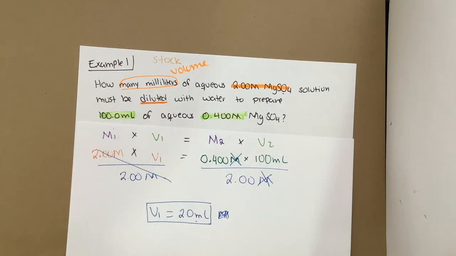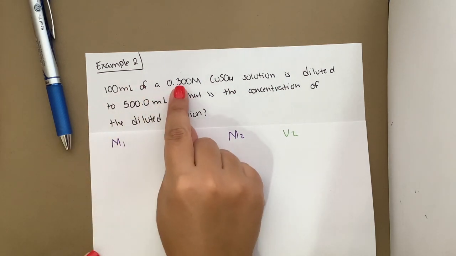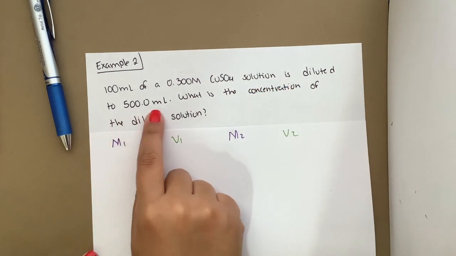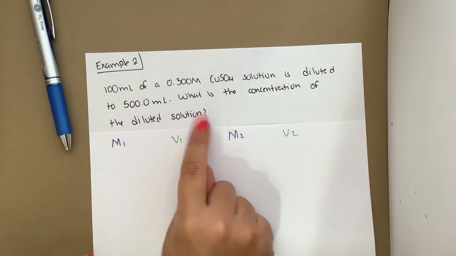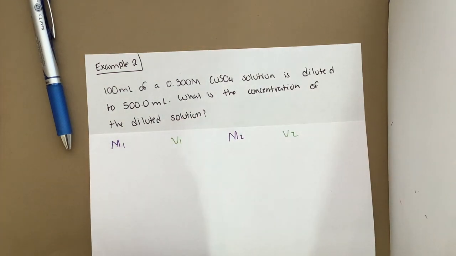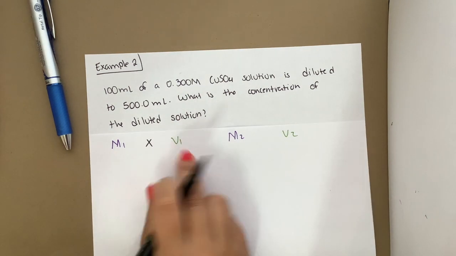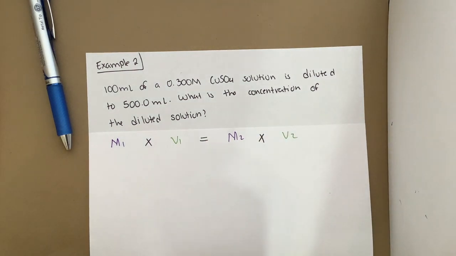molar. Okay, so our second example says 100 milliliters of a 0.3 molar copper 2 sulfate solution is diluted to 500 milliliters. What is the concentration of the diluted solution? Once we've read it, remember we're going to write our equation: M1 times V1 equals M2 times V2.